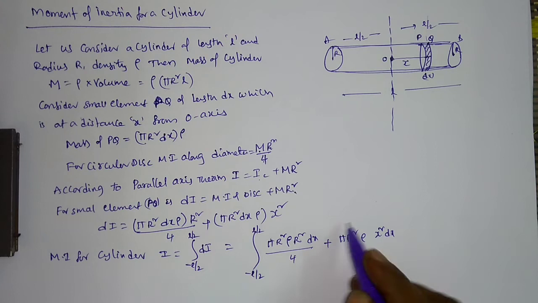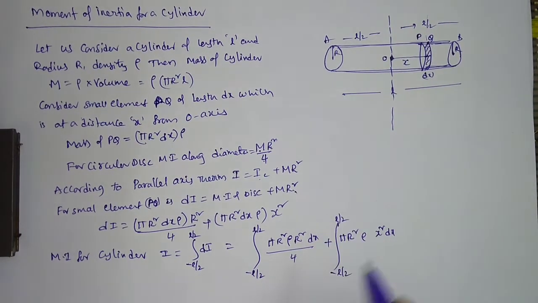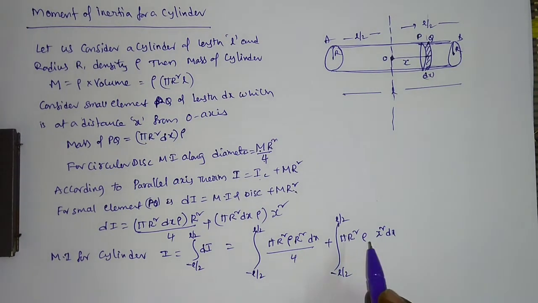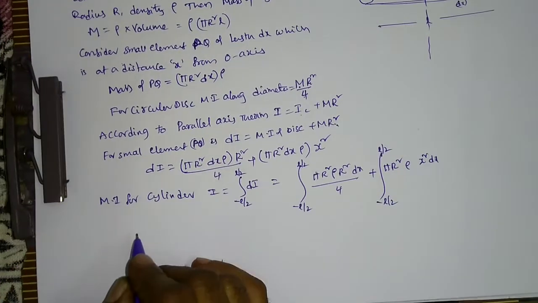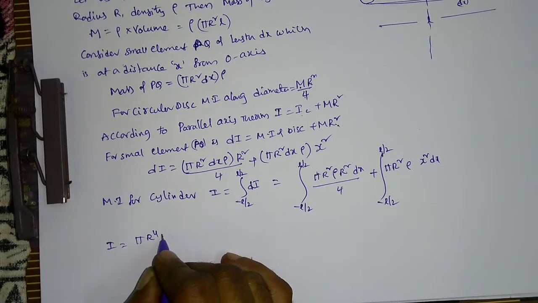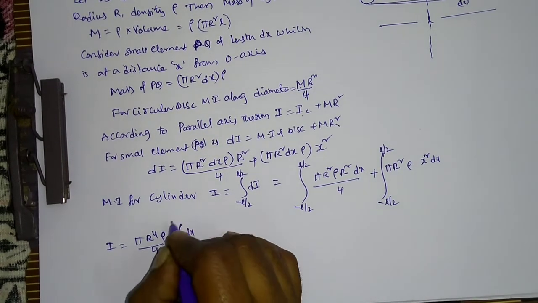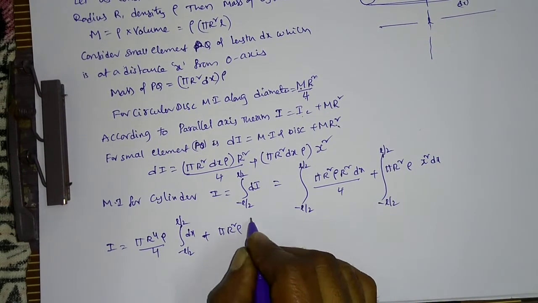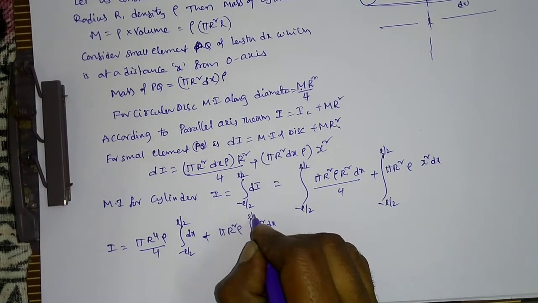Dividing these two terms between minus L by 2 and plus L by 2, pi r power 4 rho by 4 is constant, and in the second term pi r square rho is constant. Taking these out, I is equal to pi r power 4 rho by 4 integration of dx from minus L by 2 to L by 2, plus pi r square rho integration of x square dx from minus L by 2 to L by 2.